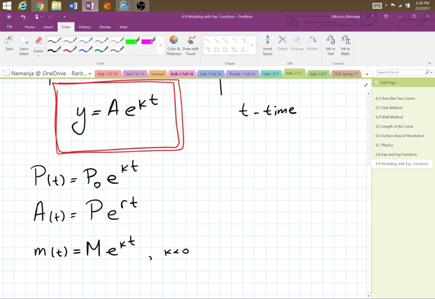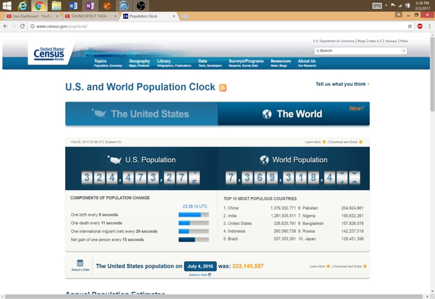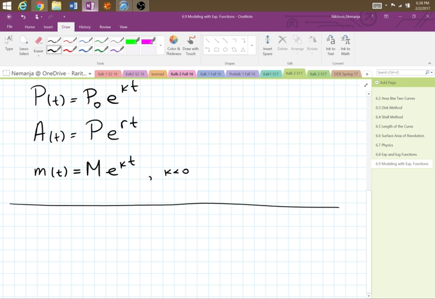All right, so let's take a look at the world population. Looking at the population clock at the moment, we're going to call this 7.37 billion now, which is 2017.